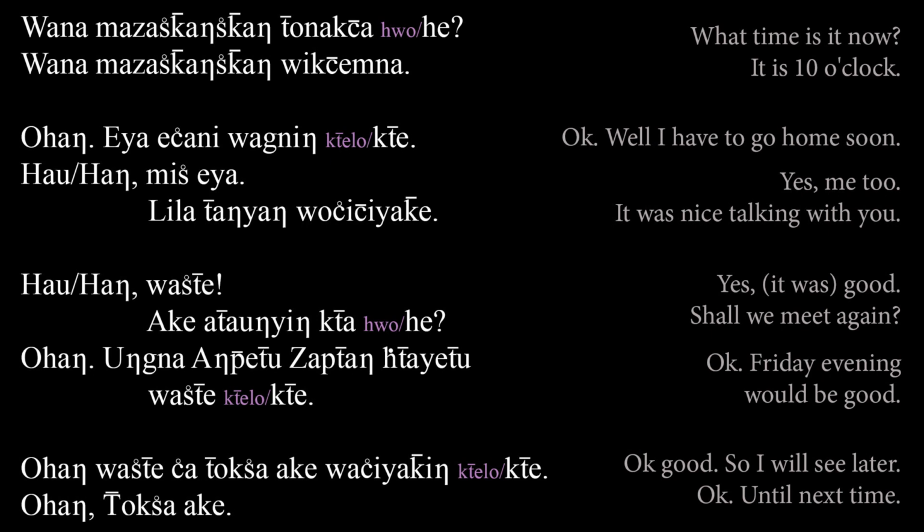Okay, now let's dialogue. I will say the top sentence of each group, okay? And then you answer me with the bottom sentence. All right? And so we have 8 sentences here.